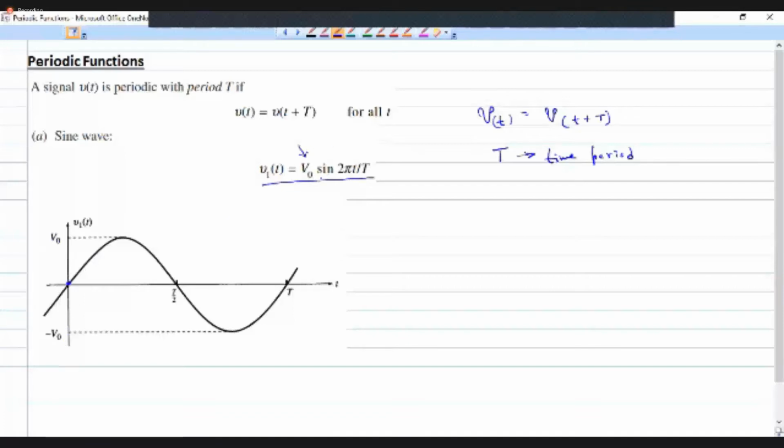You can write a sinusoidal function as sine theta, where theta is nothing but the angular frequency omega into time t, and this omega could be written as equal to 2 pi into f, where f is called the frequency in hertz.